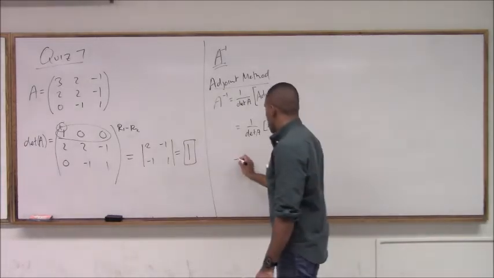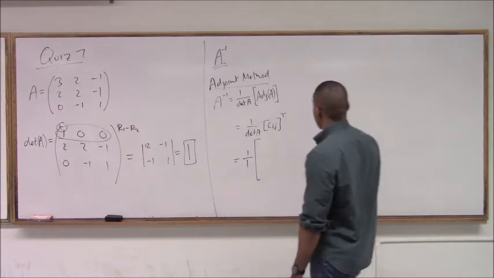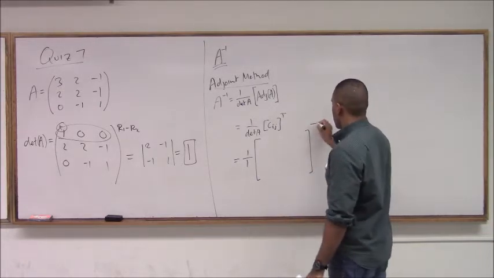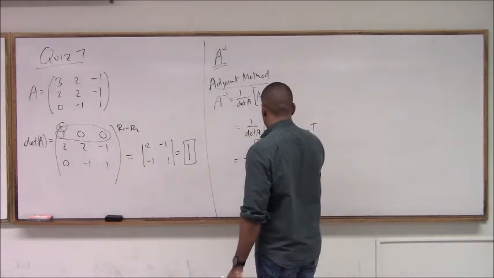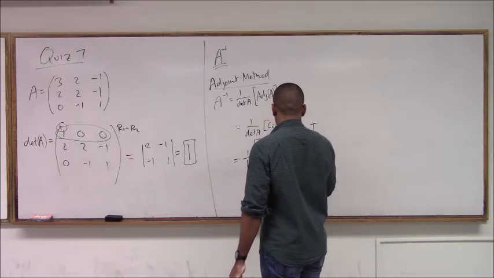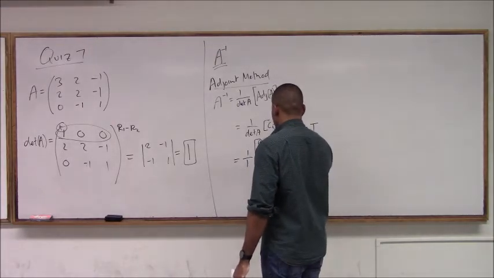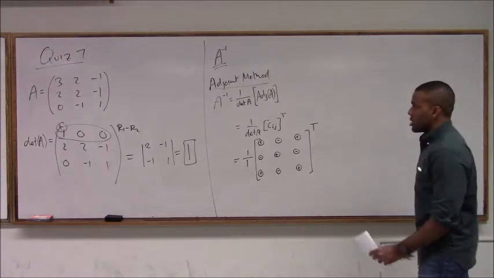So in this case, that would be 1 over 1 times something transposed, and then remember we have that whole checkerboard of signs going, so that's plus, minus, plus, minus, plus, minus, plus, minus, plus. And so now we just start to enter the numbers.